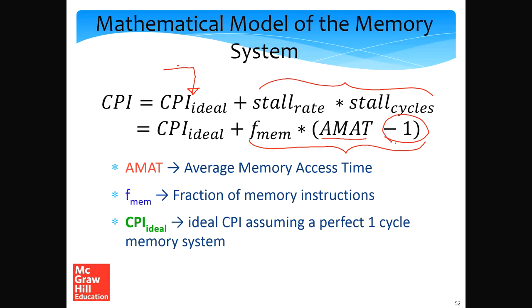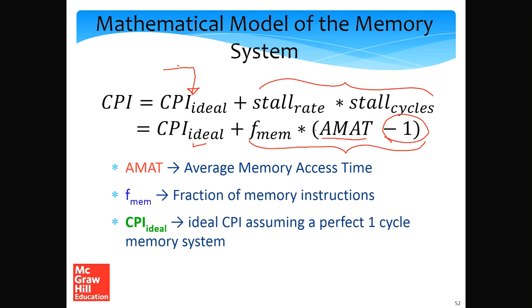We subtract 1 because we assume that every memory instruction will take 1 cycle, and this one cycle is folded into the ideal CPI, so we need not do double counting. Multiplying the average stall cycles per memory instruction with the fraction of memory instructions gives the average stall cycles per instruction, which we then add to the CPI.